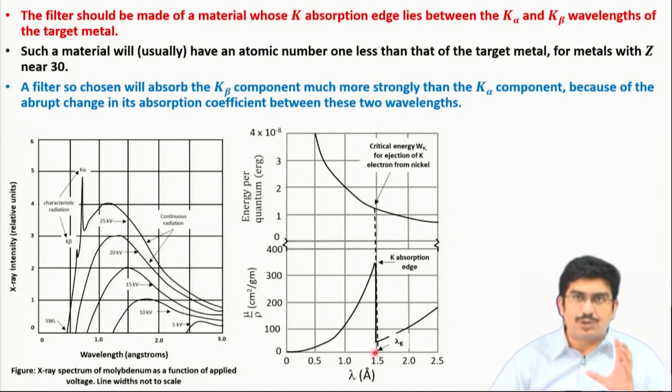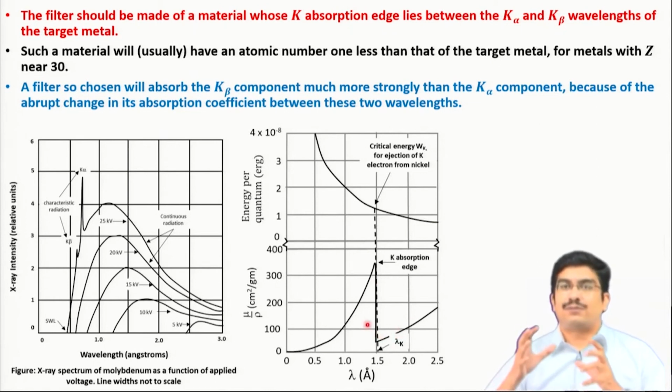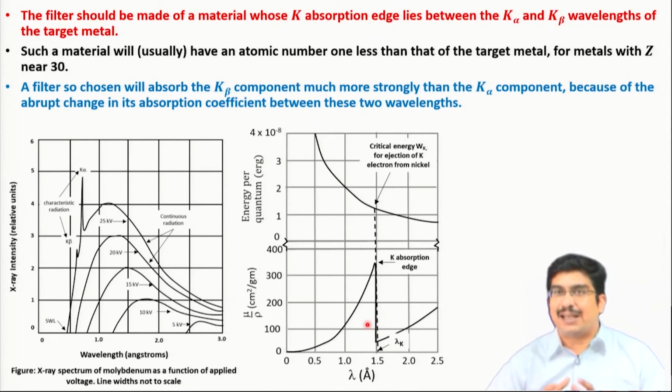If we look at this absorption edge, we know that the K absorption edge happens at a very fixed wavelength, and the absorption coefficient increases by many fold near this absorption edge, which is good enough to stop incoming X-ray radiation.